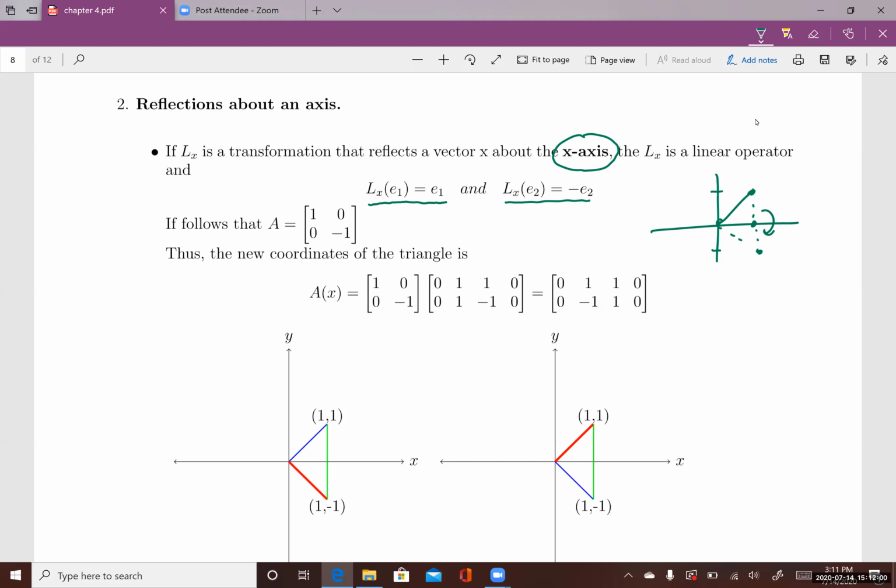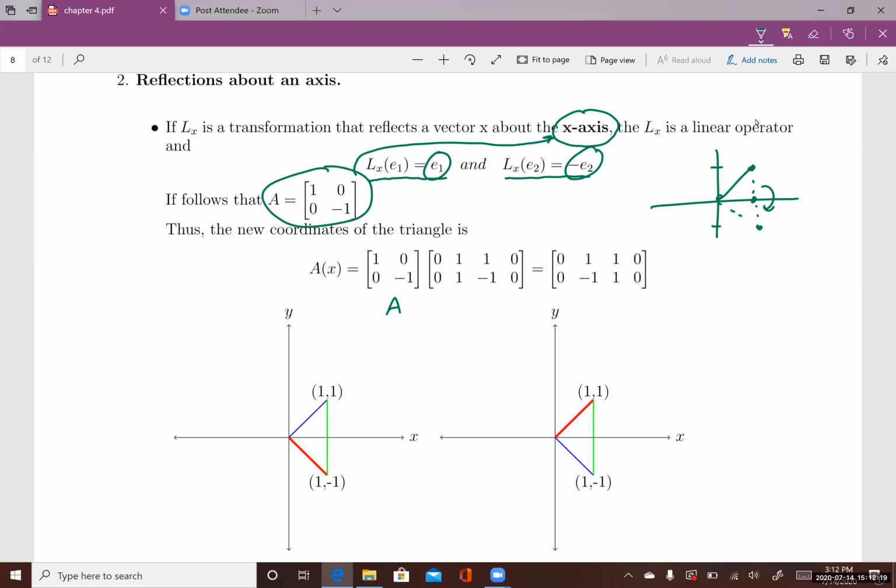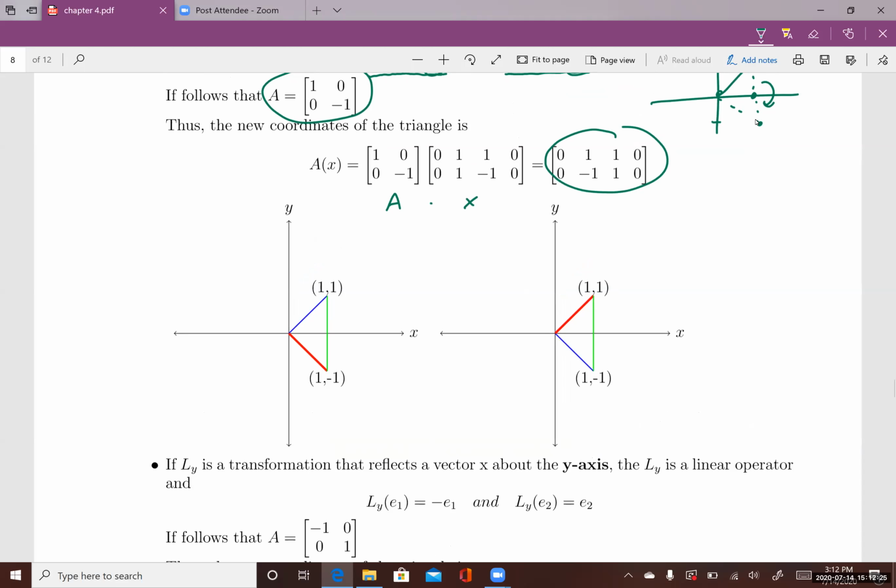So that's why e1 stays, but e2 becomes negative e2. It follows that the matrix A, the matrix representation for a reflection about the x-axis, is 1, 0, 0, negative 1. And again, if you take the matrix A and multiply it by x, you get a new set of coordinates.